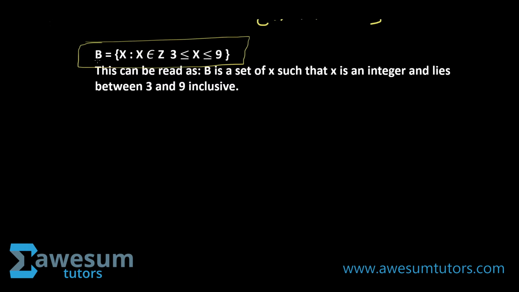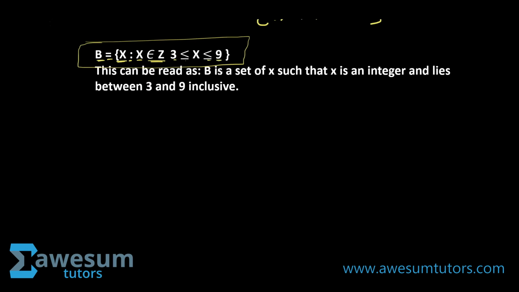Okay, now how do you do this? It can be read as B is a set of X such that X is an integer, which is greater than or equal to 3 and less than or equal to 9.